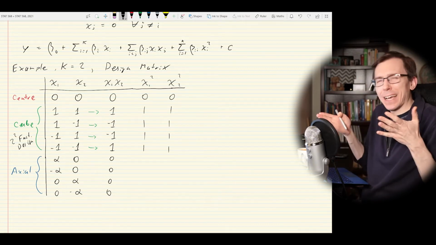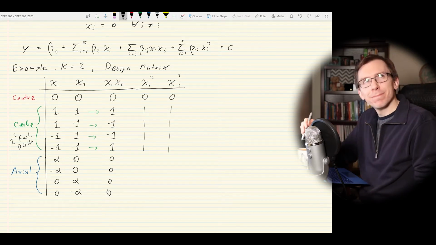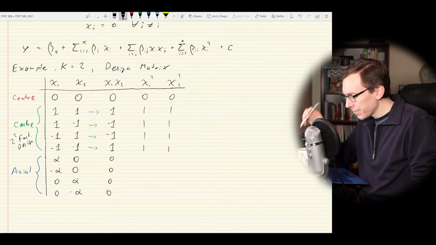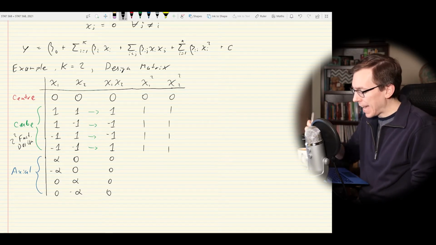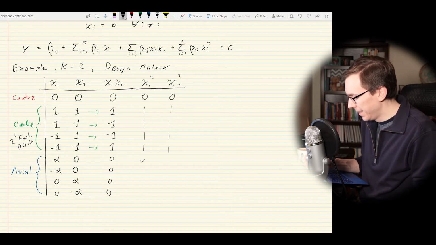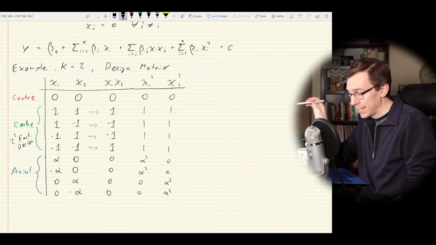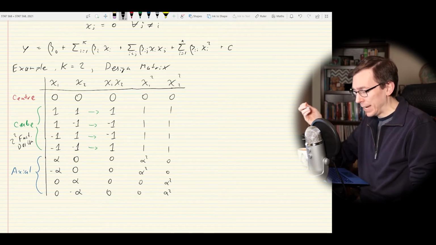If we estimate them, we're estimating them together, right? They overlap. But because of the axial points, we have 4 more rows to add in. We have an alpha squared, 0, 0, and we have a 0, 0, alpha squared. And now these two columns are different, and that means that we can estimate them.